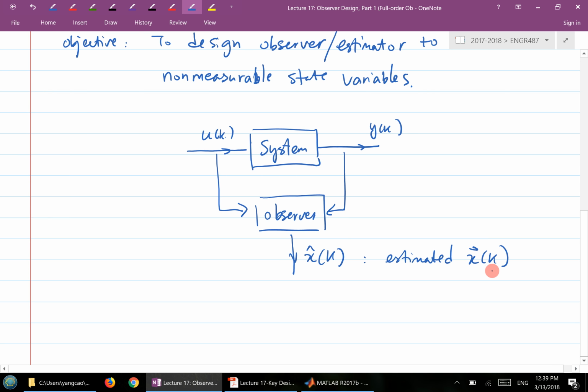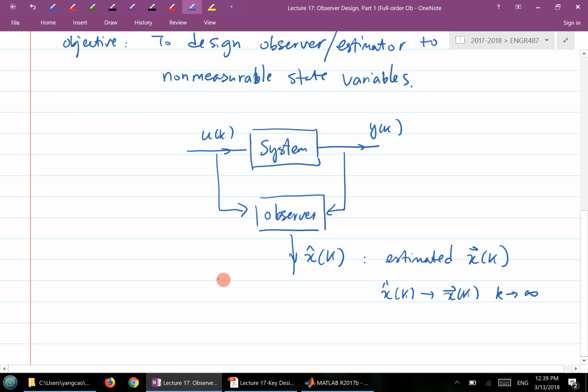So the idea is that x hat of k will go to x of k as k goes to infinity. This estimated x hat of k is the one we will make use of to generate our control input here.